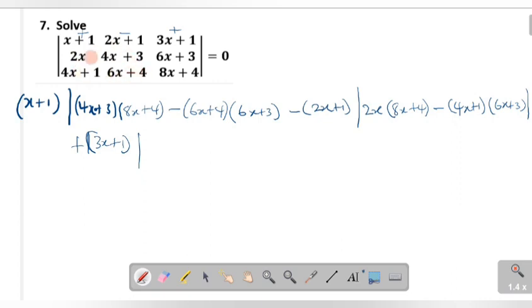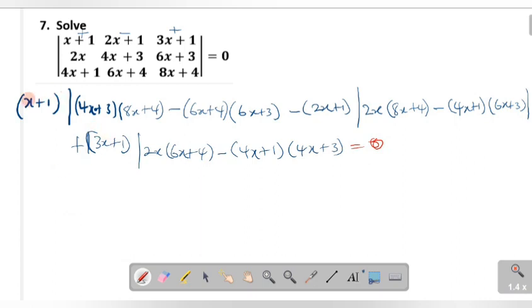So you multiply this by this again, so I'm going to have 2x times 6x plus 4, then minus, then multiply this by this, so I'm going to have 4x plus 1 times 4x plus 3, and this will be equal to 0.